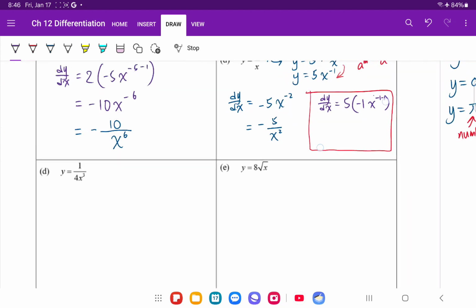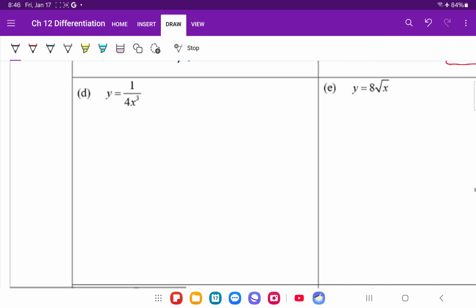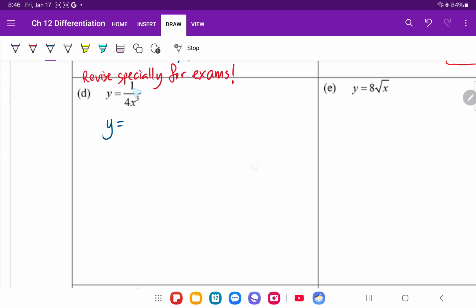Let's move on. Now for this question, this is a very, very important question you must revise, especially for the exam. Why is that so? This question, a lot of students tend to make mistakes because of the number 4. Now for this question, you need to realize that 1 over 4 is 1 quarter.